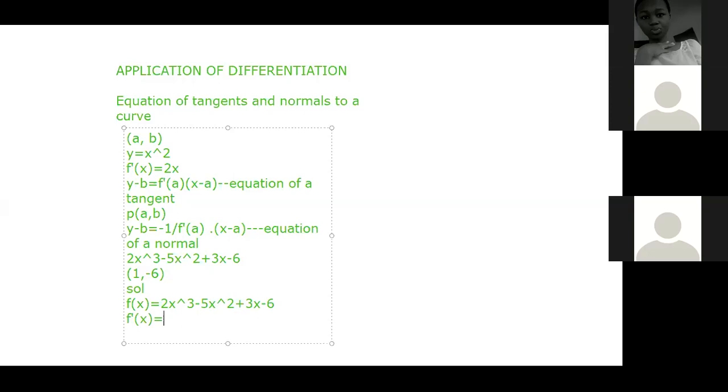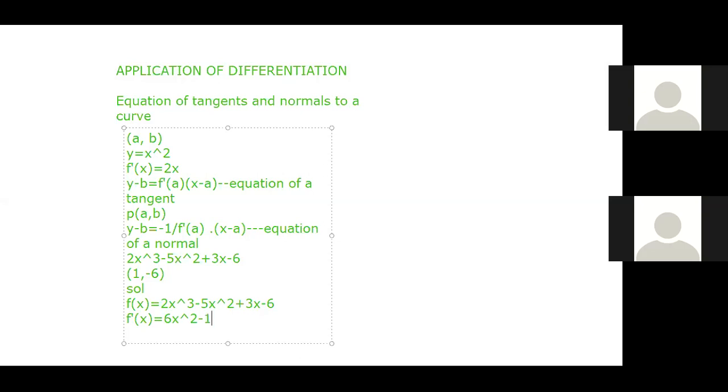What are you getting? 6x squared, right? 6x squared minus 10x plus 3. So there's our f prime of x.